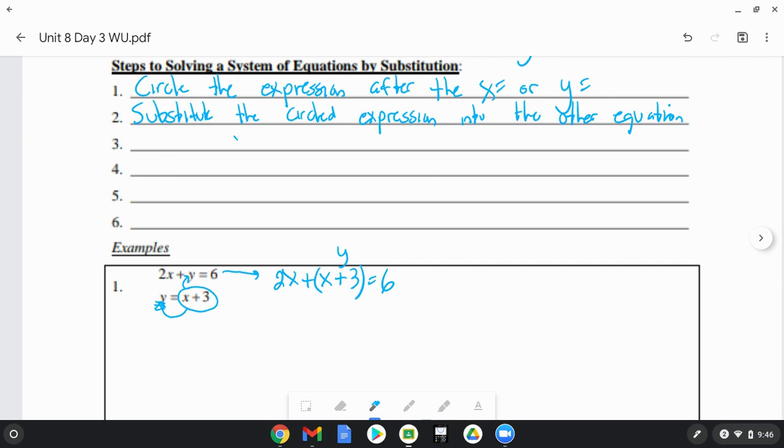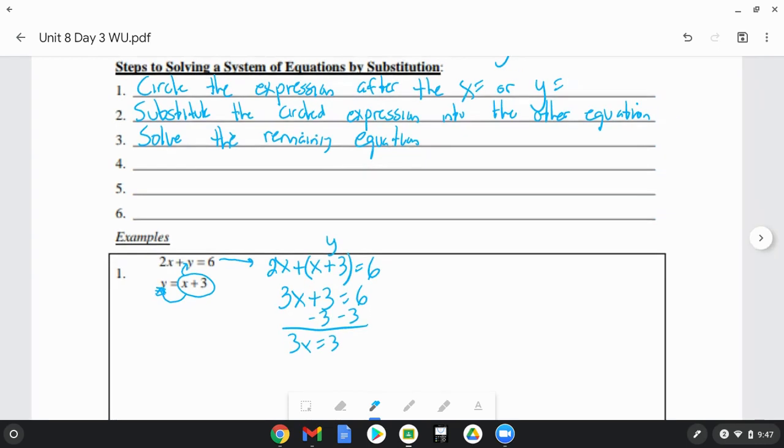My next step would be to solve for the remaining equation that's there. So now we're going to get 2x plus x would be 3x if we combine like terms. And then we were supposed to subtract 3, and we get 3x equals 3.